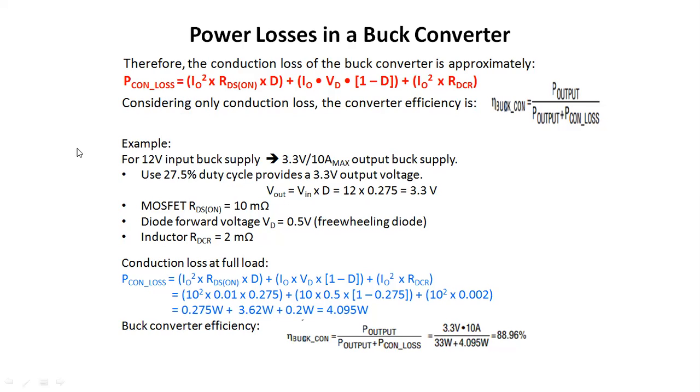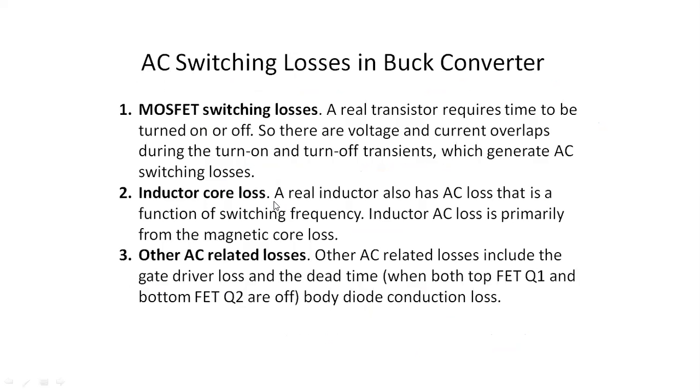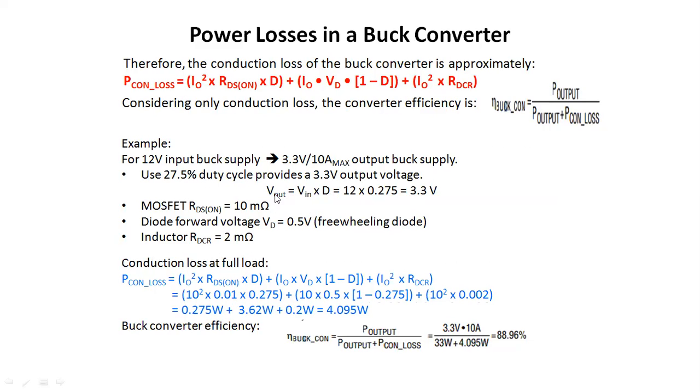You can take VO equal to 3.3. Don't get confused: in boost, the equation was D equal to 1 minus VIN upon VO. But in the buck converter, the formula for D is VO upon VIN. So you can write VO upon VIN equal to D, and reconvert to write VOUT equal to VIN into D. You will get the values.